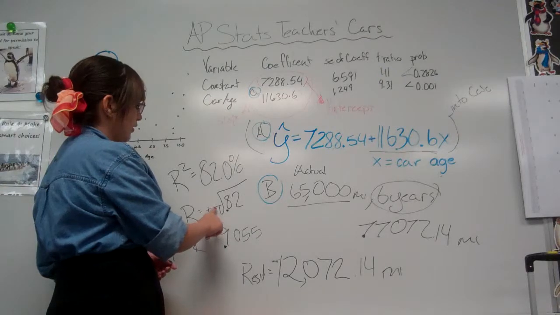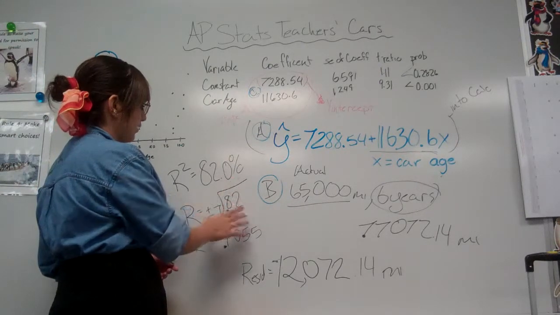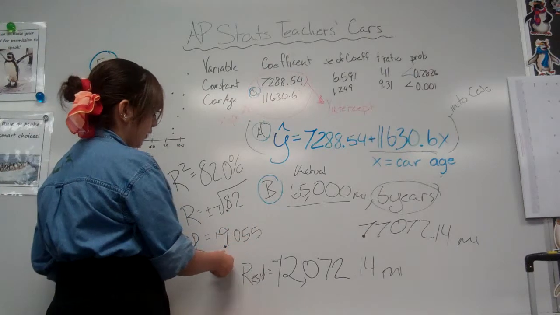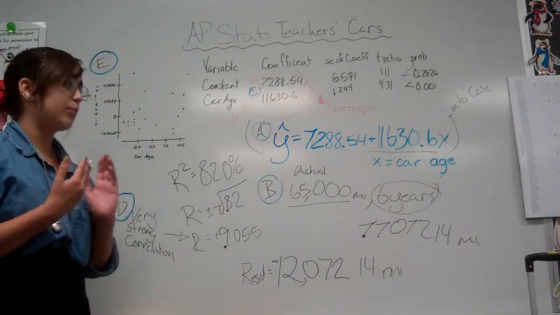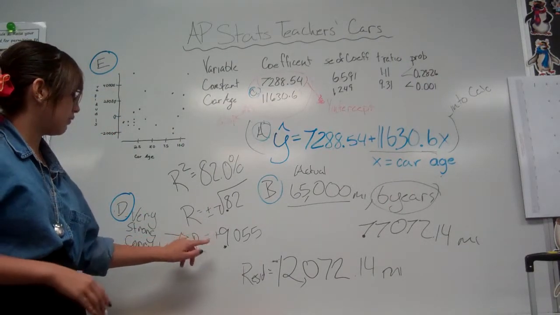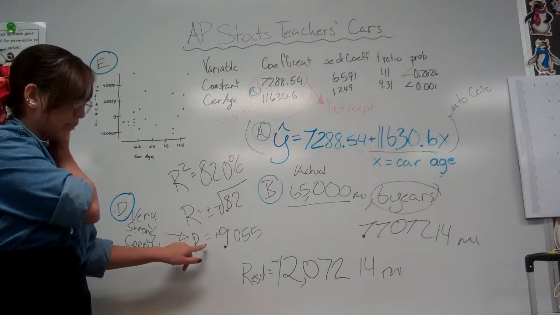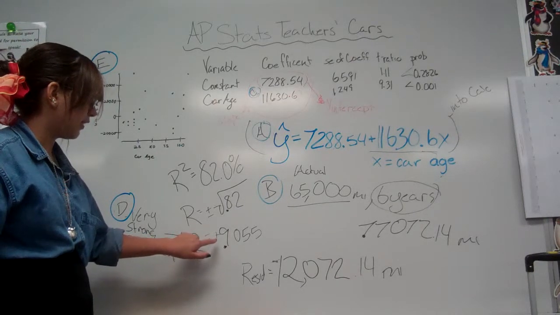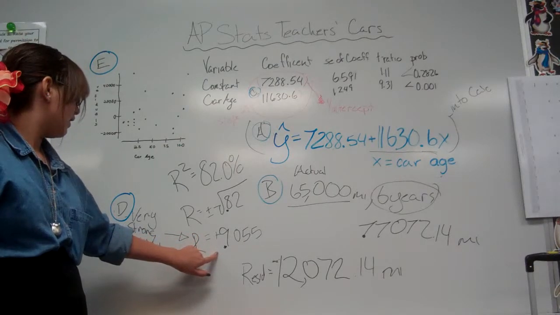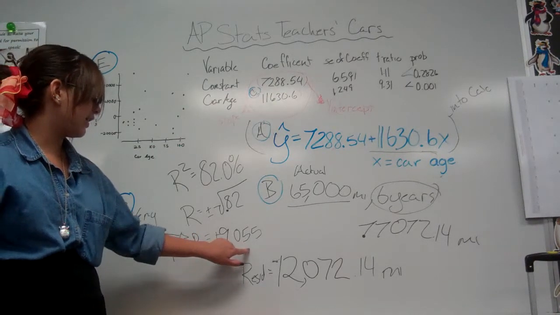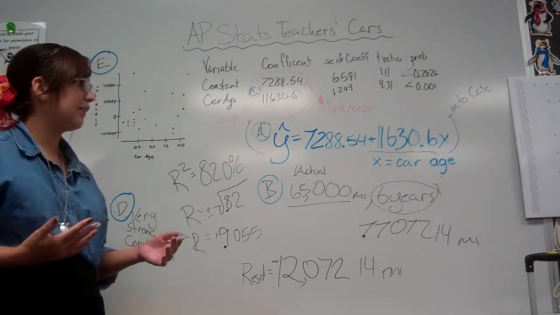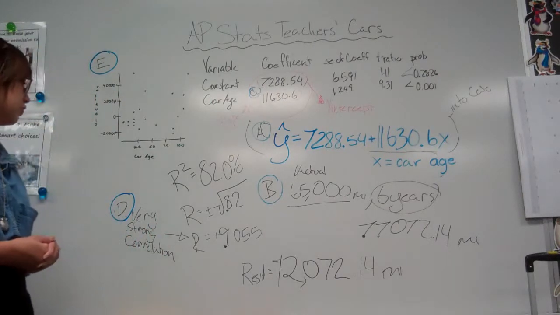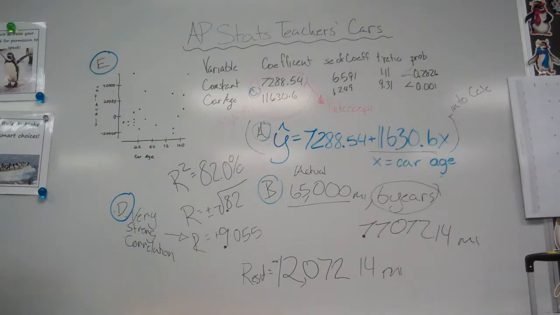So you would input 0.82, find the square root of that, and that would be 0.9055. As seen in our graph, it had a positive association, meaning the correlation would be positive. And because it is only about 0.1 away from being 1, it is a very strong correlation between x and y, car age and mileage.